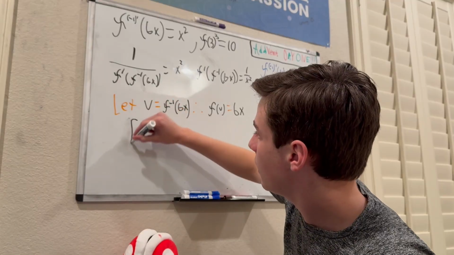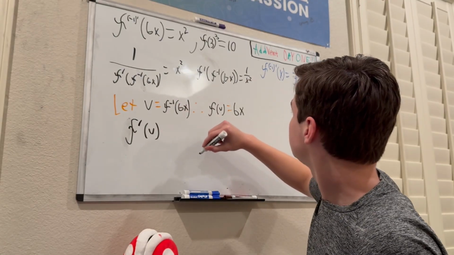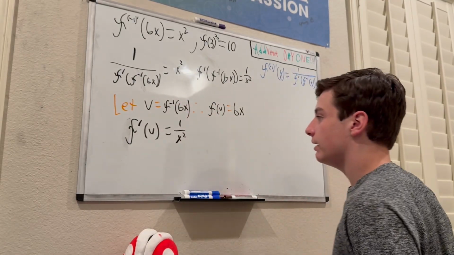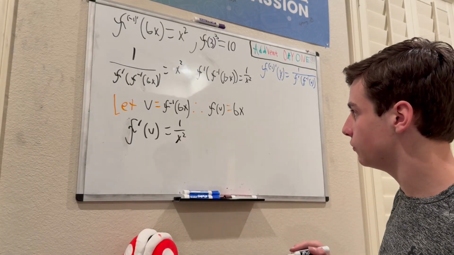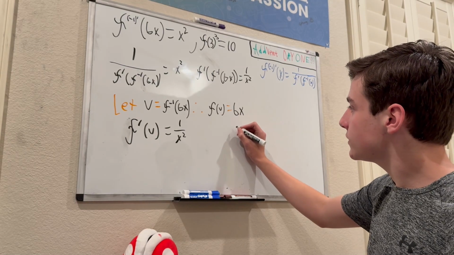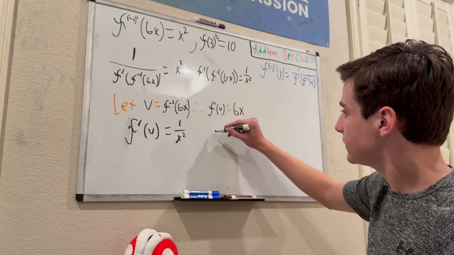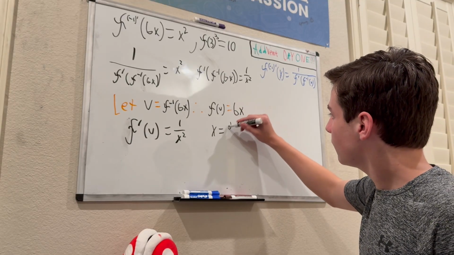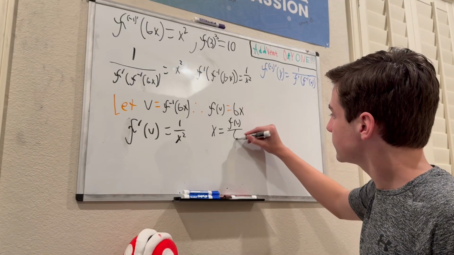So we get that f prime of u equals 1 over x squared. And now what we want to do is express x in terms of u as well. And we have this right here, which will help us do that. So we can go ahead and isolate x here, and we get that x is going to be equal to f of u divided by 6.